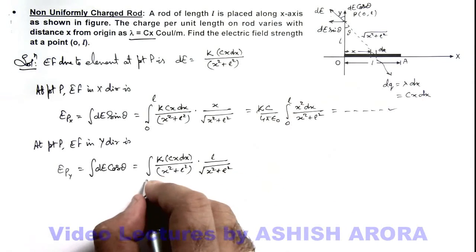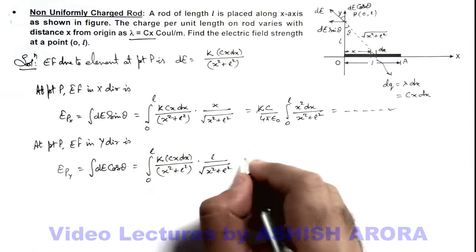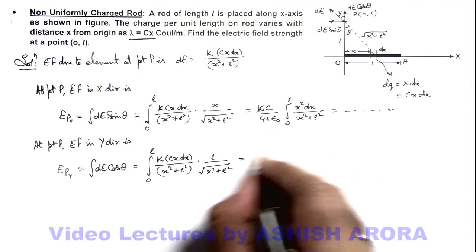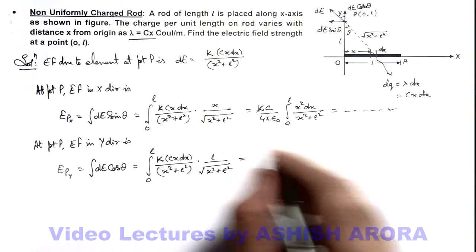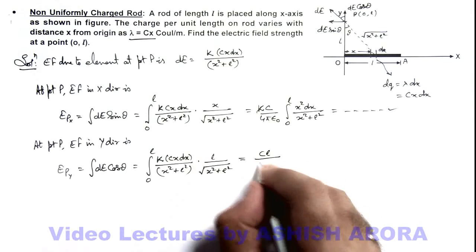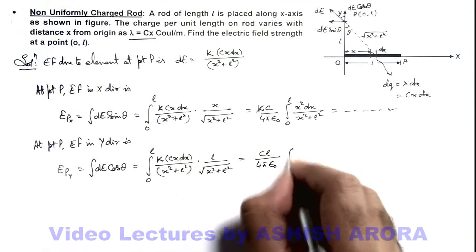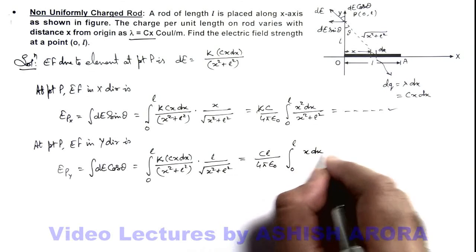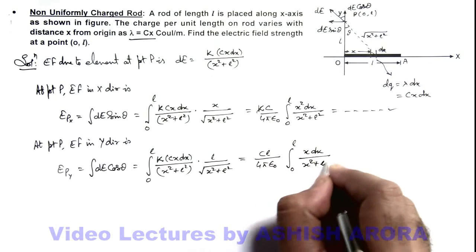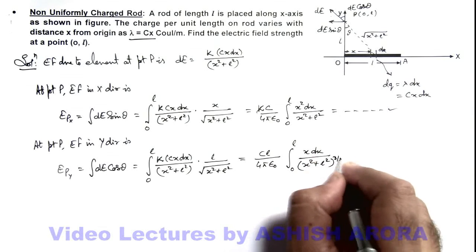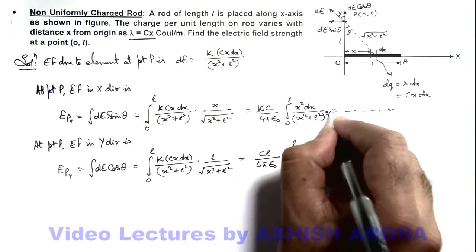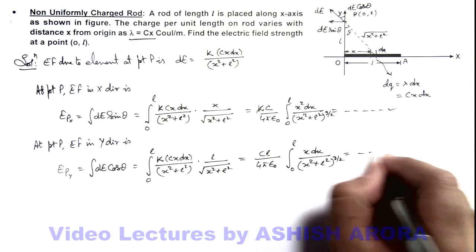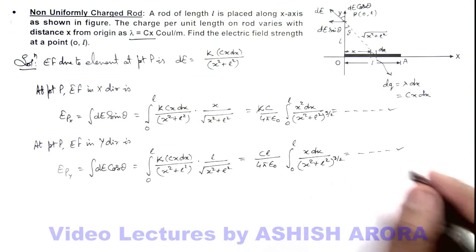And we integrate it from 0 to L. So here also we can take k and C common out. This L is also a constant that can be taken out. So CL by 4 pi epsilon naught, integration from 0 to L, x dx by x square plus L square to the power 3 by 2. And finally, this integration you can easily calculate, which again I'm leaving as an exercise.